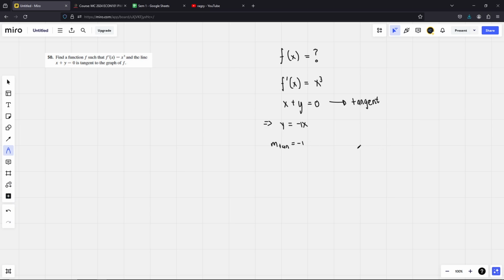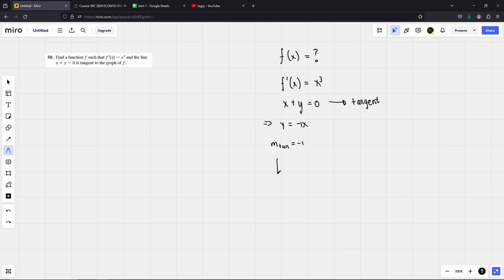And also notice that when we take the first derivative of a function, we get the equation of the slope of the tangent line at any given point. Once again, we know that the slope of this tangent line is minus 1, and we also have an equation that gives us the slope of the tangent line at any point.